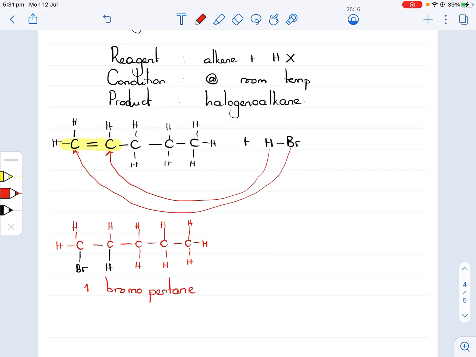On position number 1, I have a Br, hence the bromo. Pentane, I have 5 carbons with single bonds between them. That's one possibility.